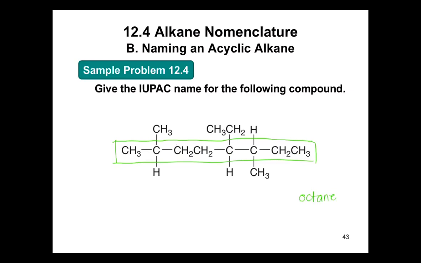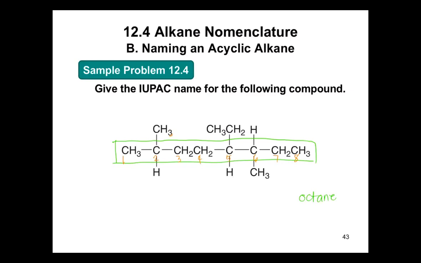Okay? Tapos, next step is you have to assign numbers dun sa carbon. So, you can start with left or right, but remember, you have to give the lowest possible number sa substituents. So, in that case, kung lowest number, you can start here. 1, 2, 3, 4, 5, 6, 7, 8. Okay? As you can see, yung substituent na una, nasa lowest possible number.